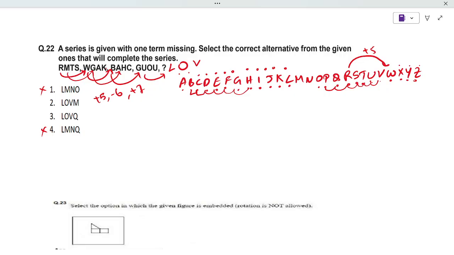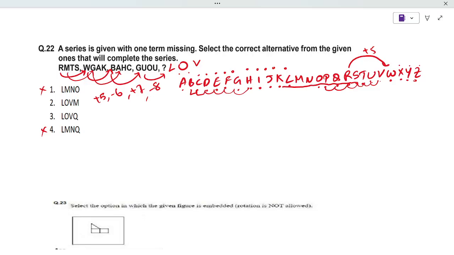S to K, H to K, that means reverse. So S to K: S is here, so 1, 2, 3, 4, 5, 6, 7 and 8, minus 8. So plus 5, minus 6, plus 7, minus 8. Right.